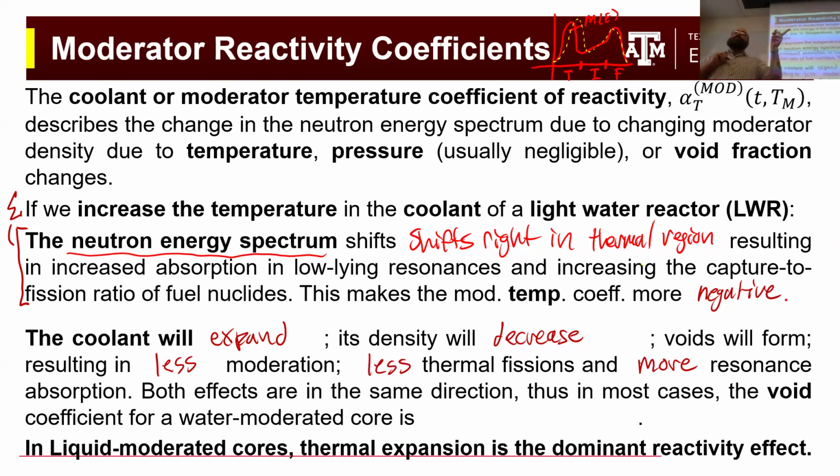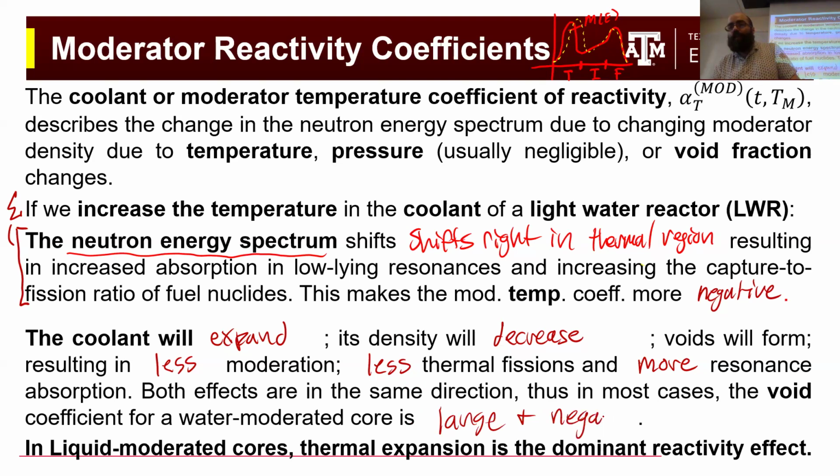And all of those effects ultimately have the same consequence on our system: both the neutron spectrum effects and these coolant density effects result in negative feedback. That means both of these effects are happening in the same direction. So the void coefficient for a water moderated core is going to be large and negative.